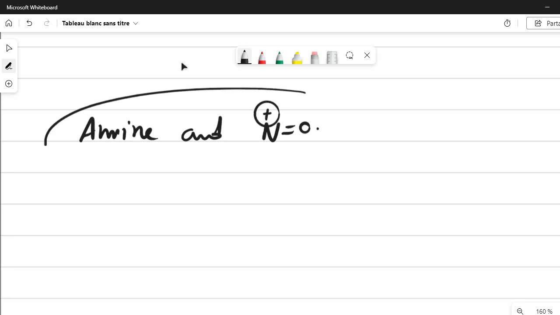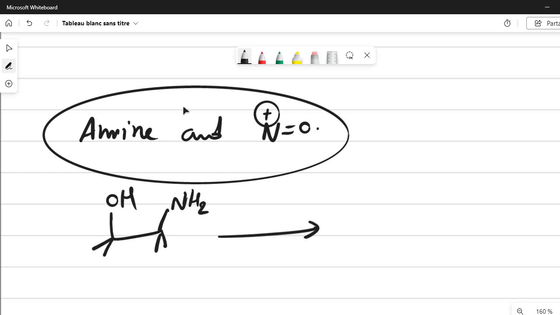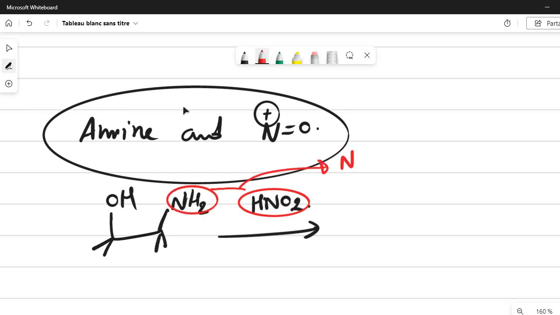In general, as we saw in a previous video, maybe on the pinacol rearrangement or semi-pinacol, we recalled a reaction where we had NH2 here, and we reacted this molecule with HNO2, and we said that this molecule with this one gives N2.